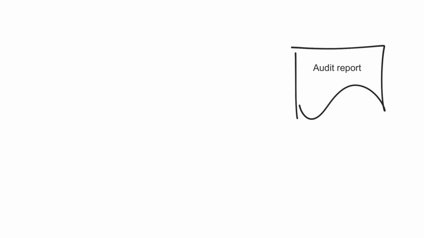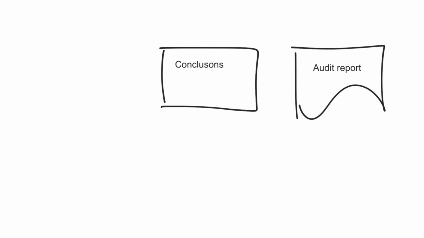And to be able to generate that report, the auditing standard says that I need to come to conclusions based on audit evidence. All right, so I can't just make a guess at what the audit report should be. I should do my audit report based on gathering evidence about the company.